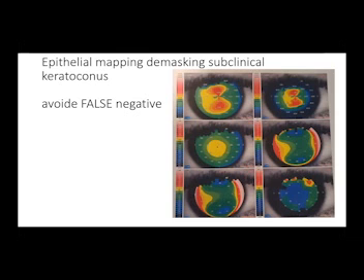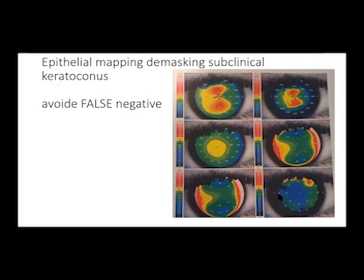In this case, you have a normal axial map, but in the epithelial map you will see a thinning in the center. This is my daughter. She has a normal shape of the cornea and normal topography, even if she has a thin stroma, a thin cornea.